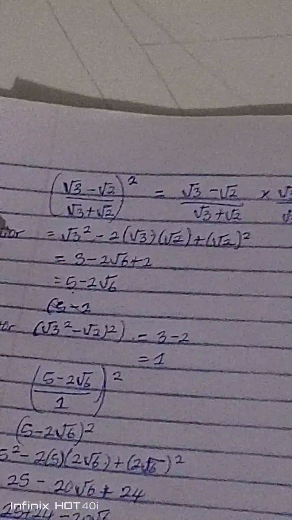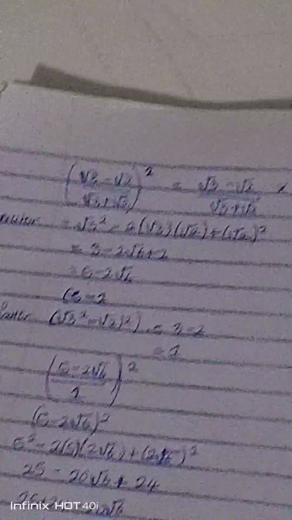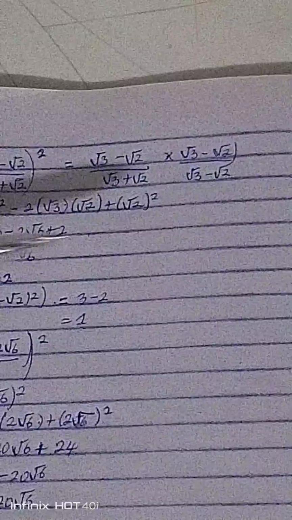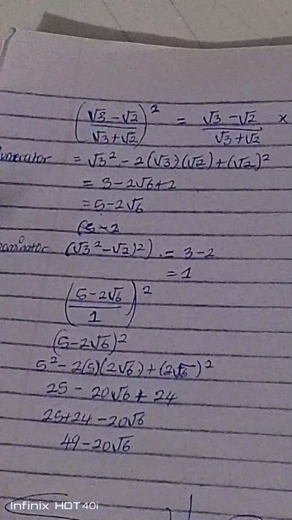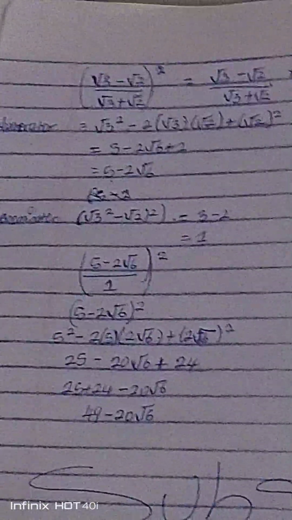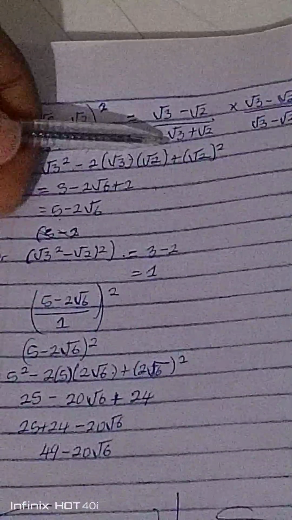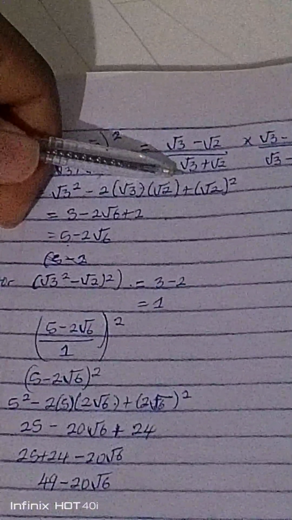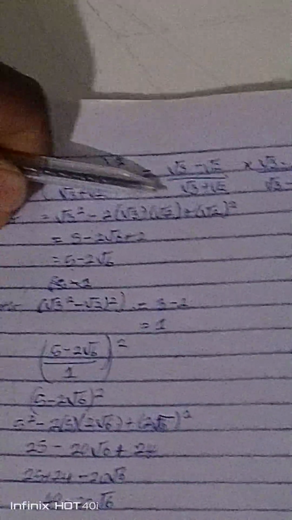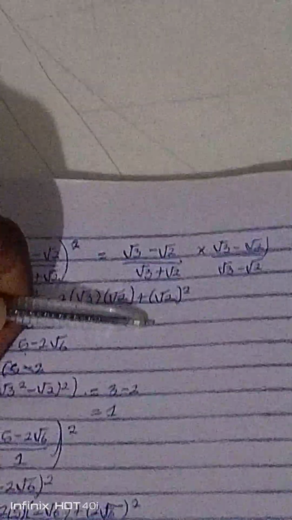For the denominator, we are going to be using, whenever we have x plus y times x minus y, we're going to have x squared minus y squared. We're going to be using that formula in the denominator. Here we have root 3 plus root 2 times root 3 minus root 2. We're going to have this times this, minus this times this, because plus times minus will give us minus.